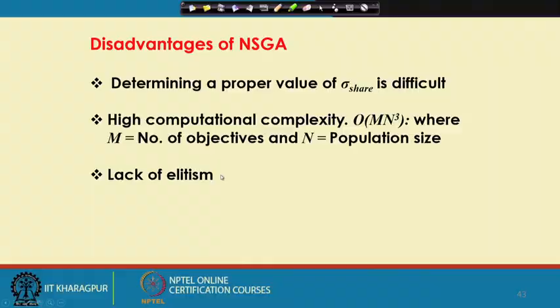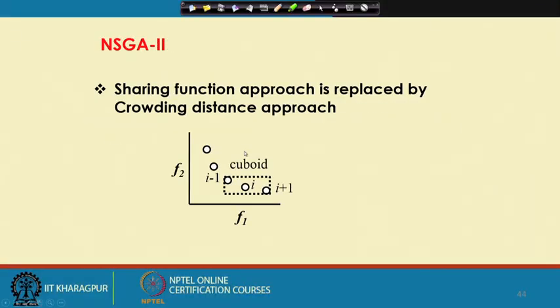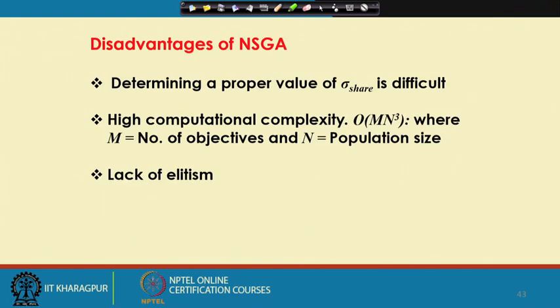As I told, this is almost similar to a fixed deposit, we do not want to touch it, and we want to keep a copy of this good solution in the population. That is the concept of elitism, and this concept of elitism is not used in NSGA. These are all drawbacks of NSGA.